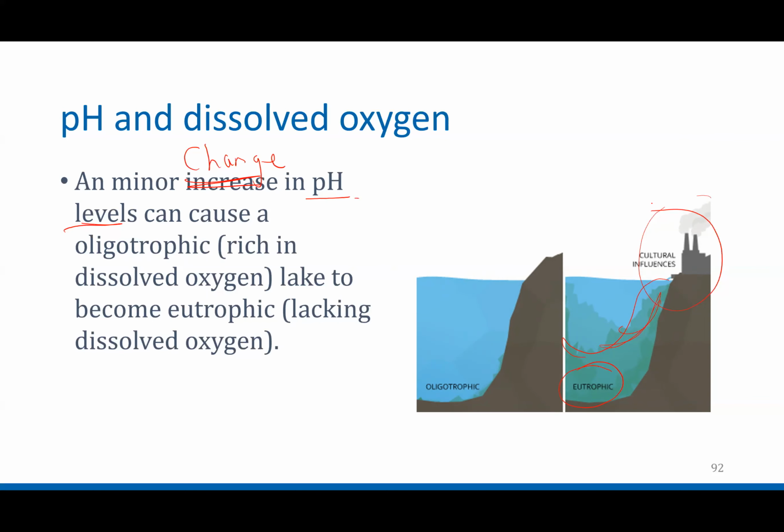A very common one, or one off the top of my head at least, would be using fertilizers in agriculture. If these fertilizers are washed off into a water supply, those fertilizers are plant food. And if the plant food gets into a river or a lake or a pond, for example, the plant life can explode. And this creates a eutrophic lake, which is lacking in dissolved oxygen.